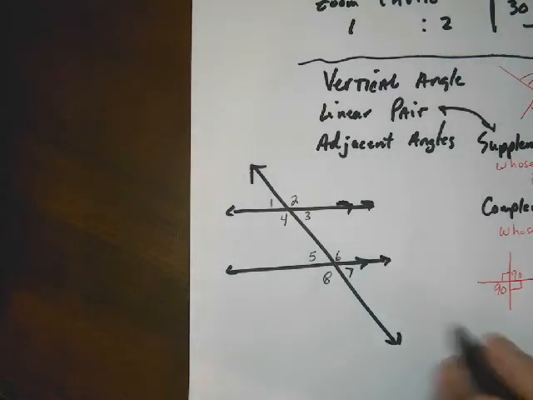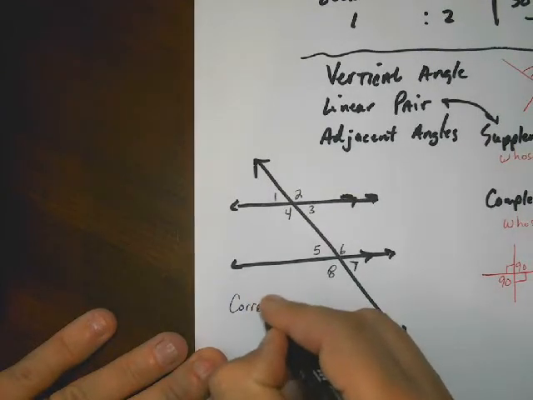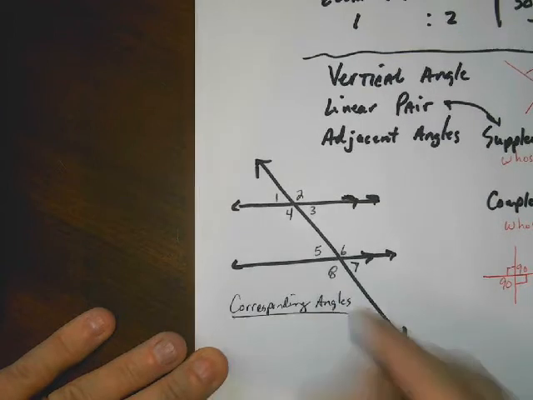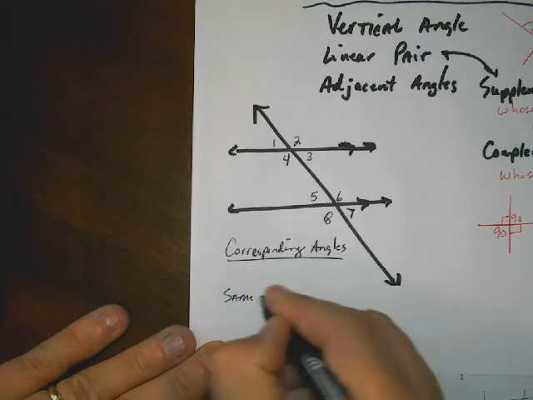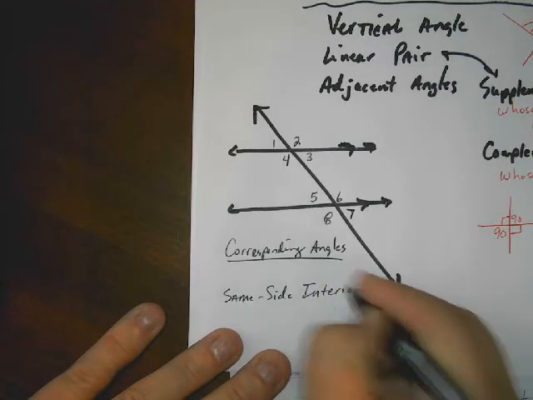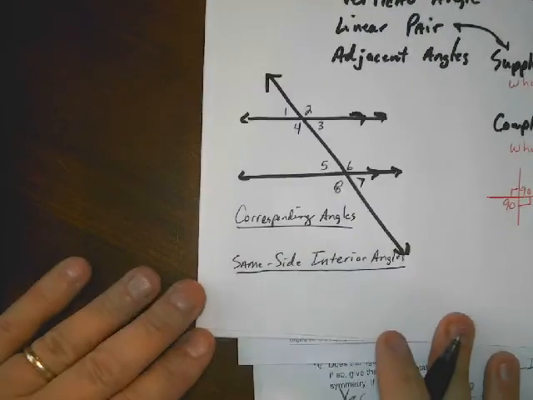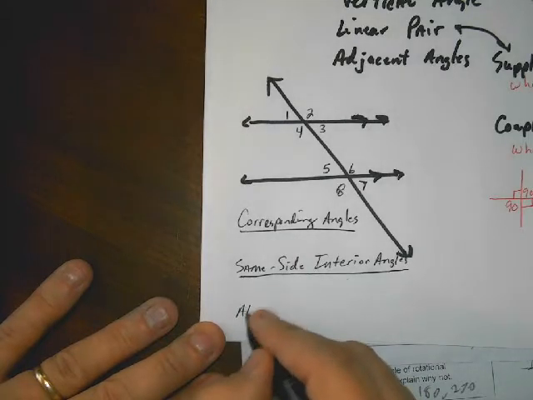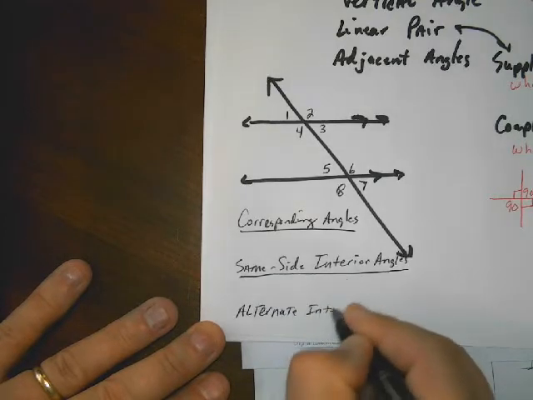So one relationship is corresponding angles. Another relationship is same side interior angles. Another relationship of angles is alternate interior angles.